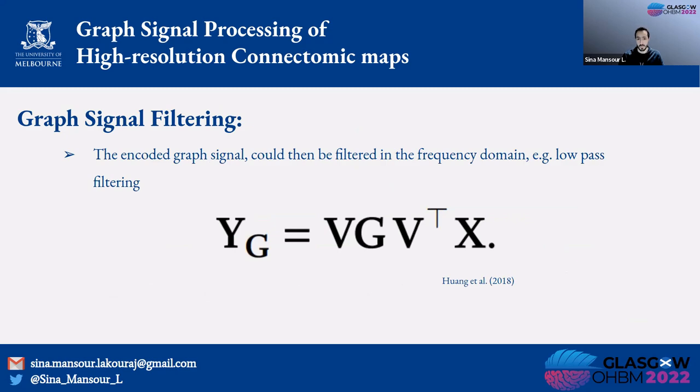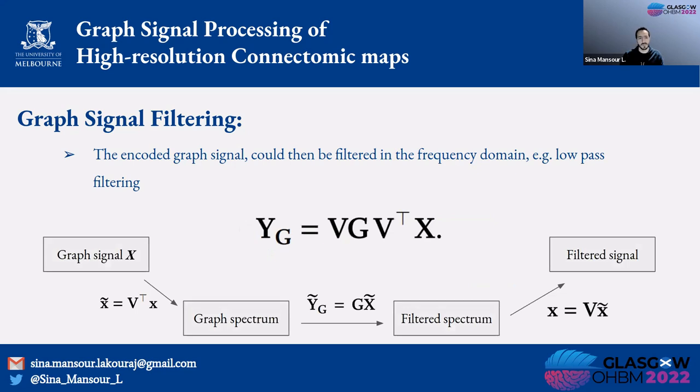Now, after that, we could then apply graph signal filtering to the graph signal that we have collected. And this equation here basically summarizes what a graph signal filtering does. Now, in order to go to the detail a little bit, if we have a graph signal X, we could first encode it into a graph spectrum using the graph Fourier transform.